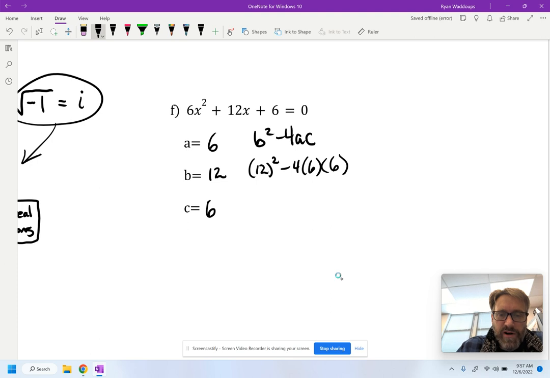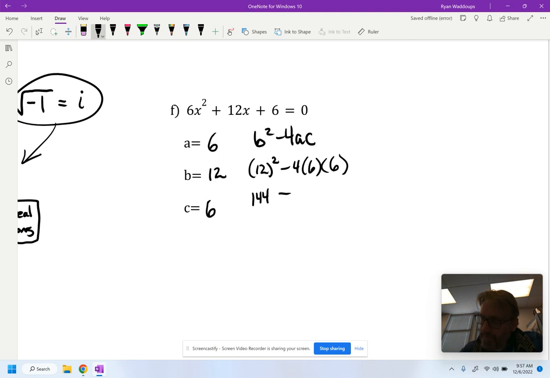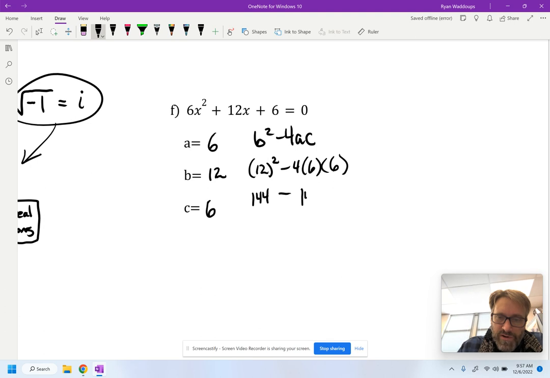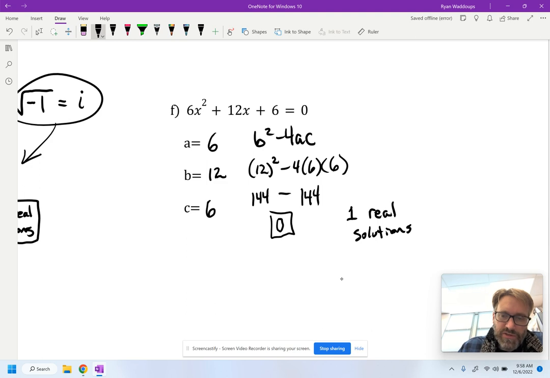And 12 squared is 144 minus 4 times 6 times 6, which is also 144. And 144 minus 144 is 0. And so once again, when we see 0 as the value of the discriminant, this means there is 1 real solution.